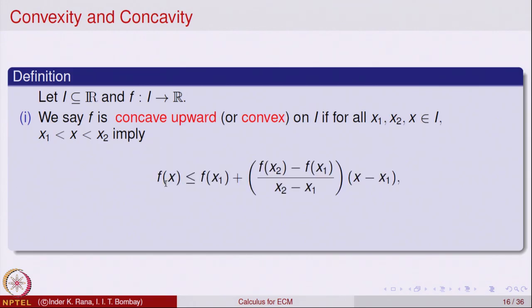We want to say that the graph is below. Below means the value of the function at that point should be less than or equal to the value of the chord joining. If you recall, we had the 2 point formula for the line joining 2 points.